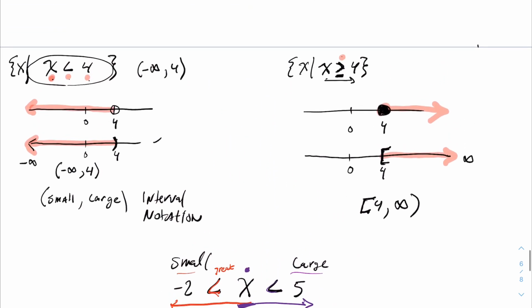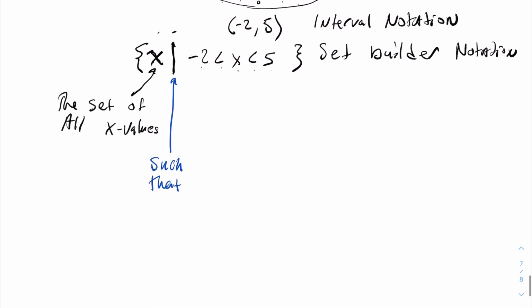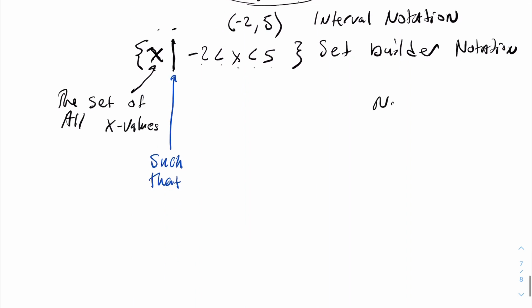Let's take a little note here on the side. When you see a less than or greater than symbol, this means open, which in the past you might have used like an open circle, but now with interval notation we're going to use parentheses to show openness.